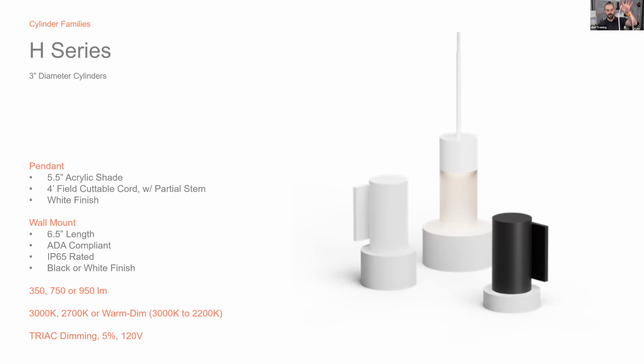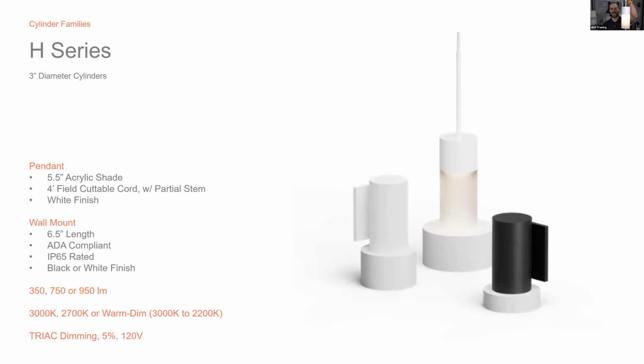We have our pendant mount option, which has a 5.5-inch acrylic shade, and then this partial stem and a 4-foot field cuttable cord. So again, it's able to be tailored to the length or the height that you need from it. And that acrylic shade is really going to give you a very nice soft diffused look as well. So really a clean option.